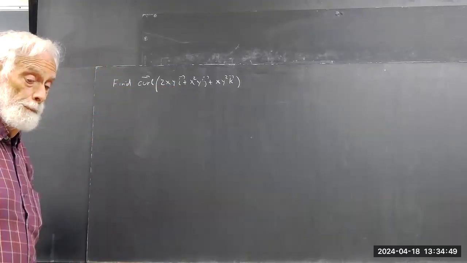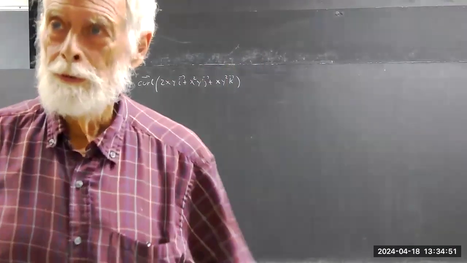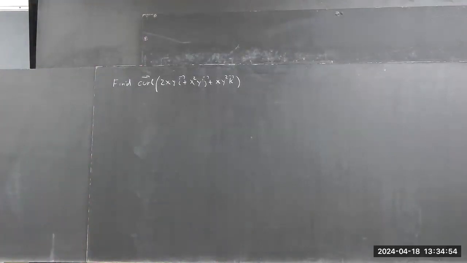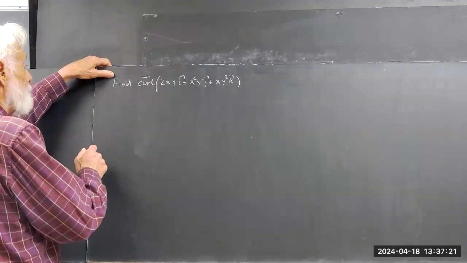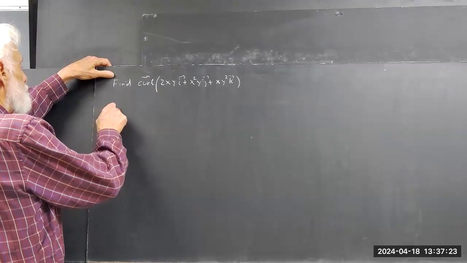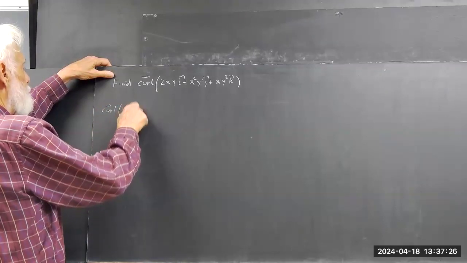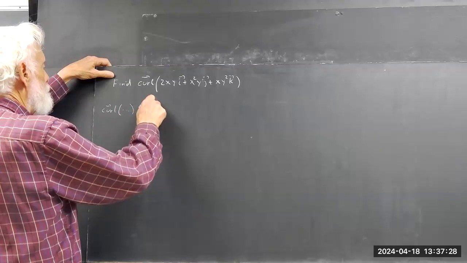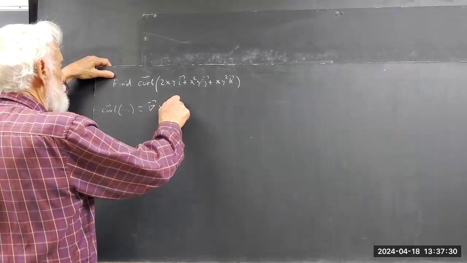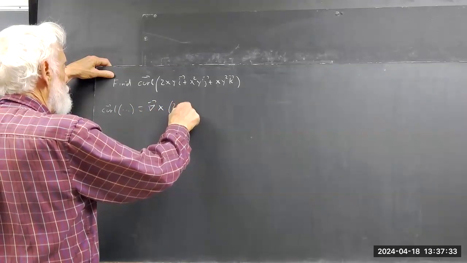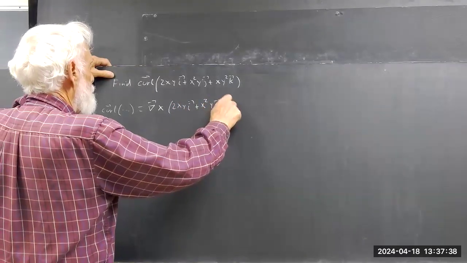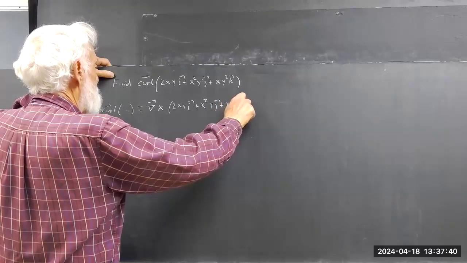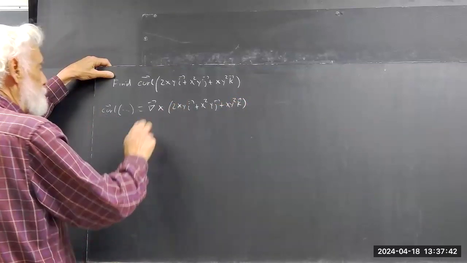Let's curl this function, or it's trying to trick me. Okay. What's the curl of this? It's just del cross.